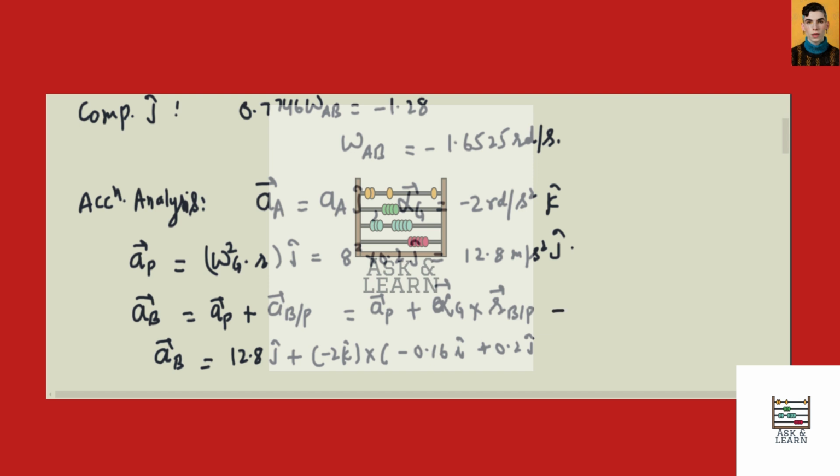Here I am missing one term. Just a moment. I am missing one term, omega square G r BP. Omega square 8.